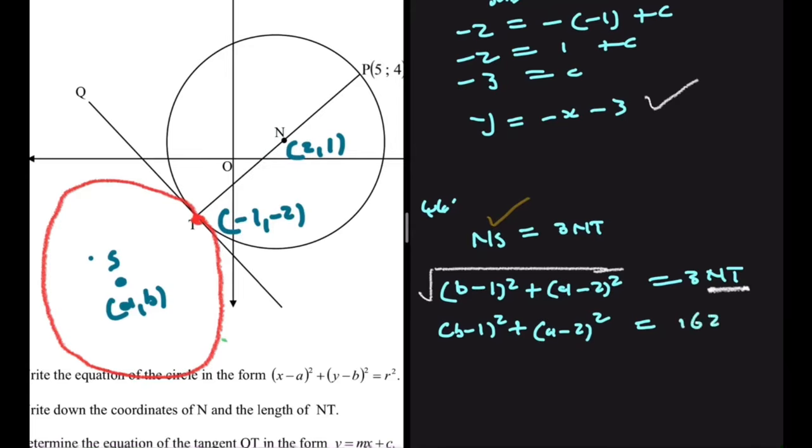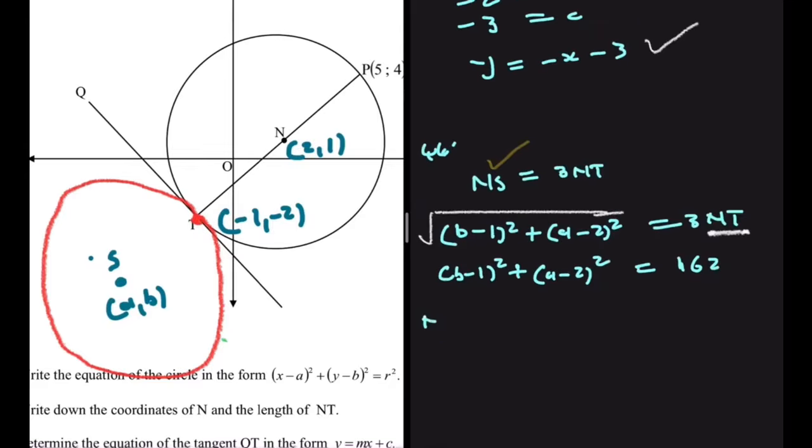We have 162. We know that NT is perpendicular to QT. And then we also know that QT is perpendicular to ST. So that tells us that the gradient of ST will also be equals to 1.